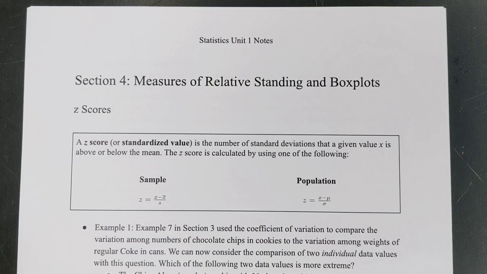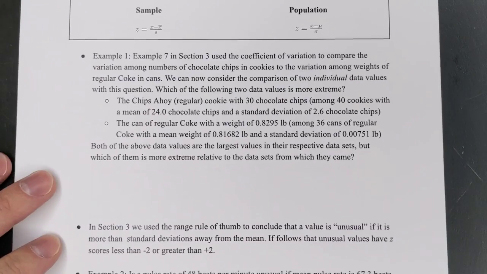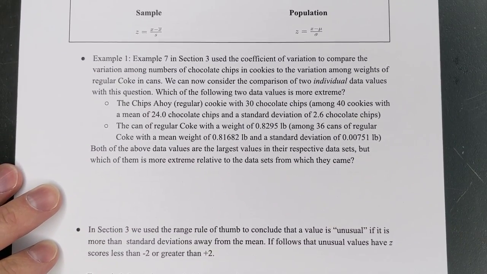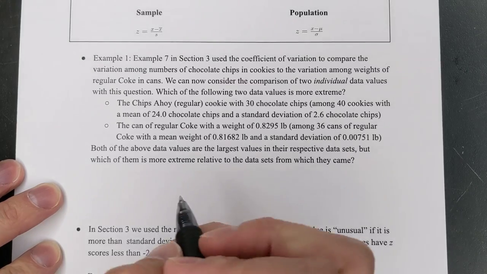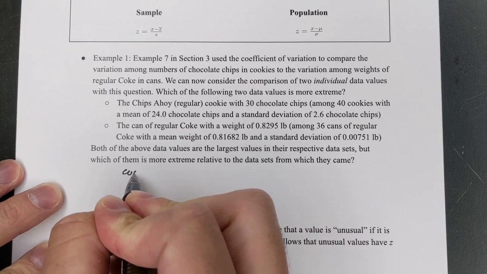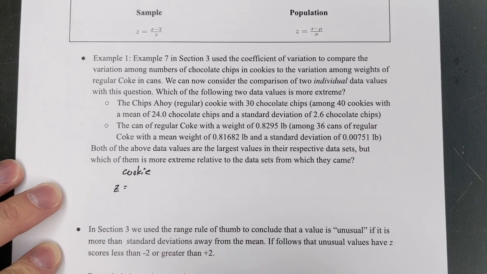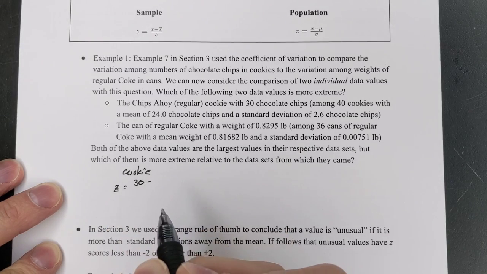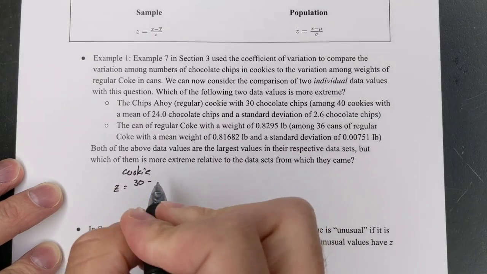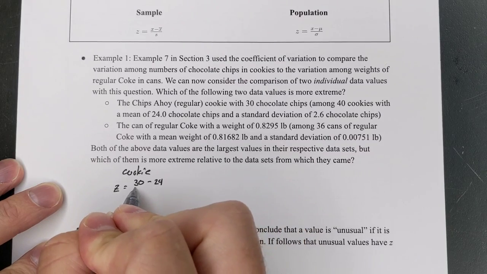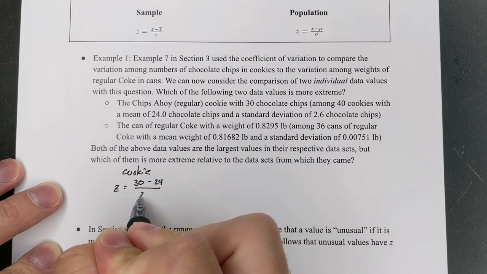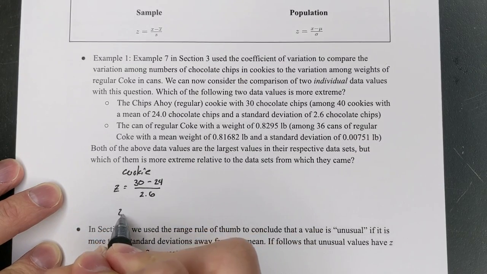So we need to calculate the z-scores for both of these values. For the cookie, our z-score is going to be our measurement, 30 chocolate chips, so that's x, minus the average, which is 24, and then we divide by the standard deviation, which is 2.6.